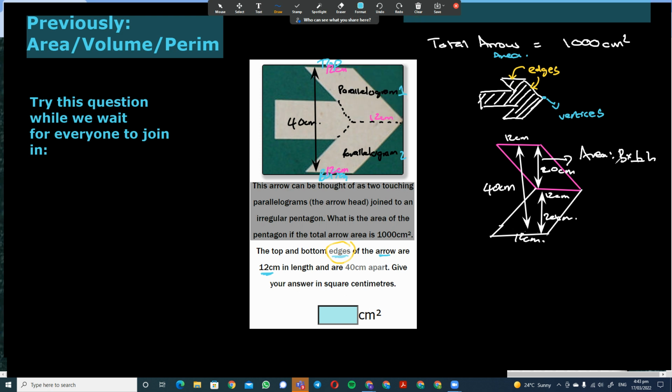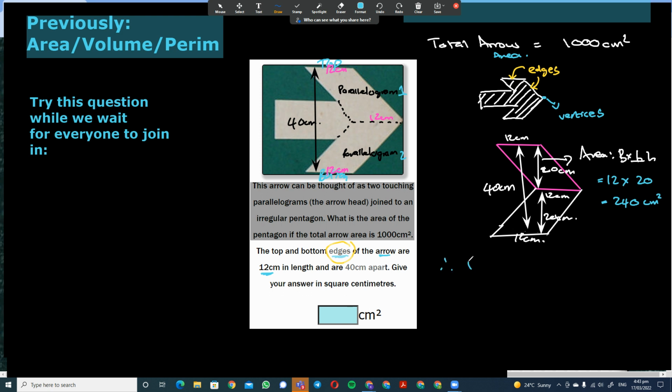So the base is 12 and the perpendicular height is 20. And 12 times 20, you can put it on a calculator or work it out: 12 times 2 is 24, so 240 centimeters squared. And that's for one parallelogram.